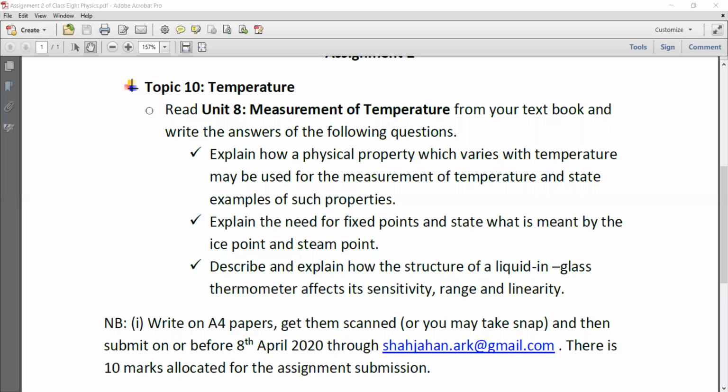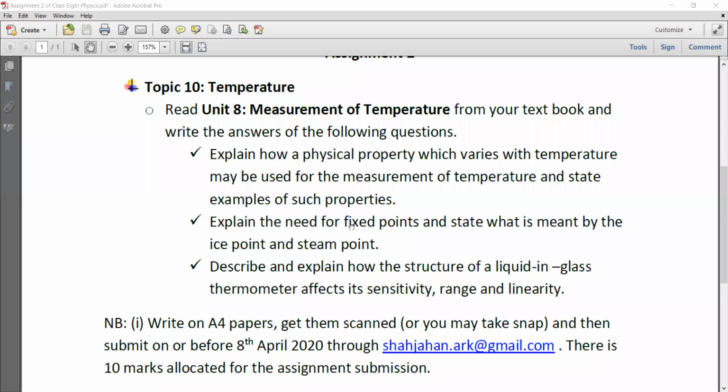So last class we discussed till question 2, right? There we discussed calibrating. The word calibrating is not mentioned here, but the fixed points are used for what?